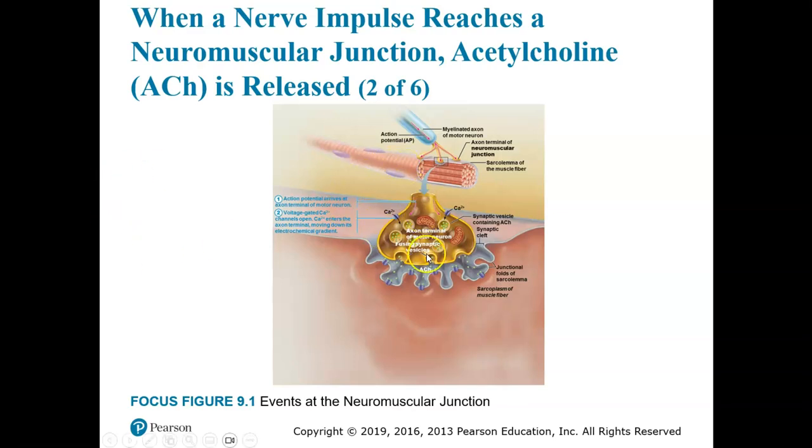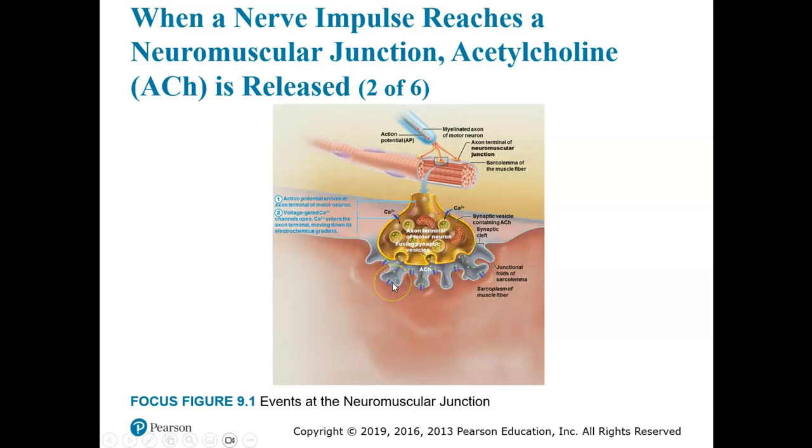It begins in the neuron, and then calcium is going to play another role in the muscle fiber. Because the action potential has arrived at the axon terminal, calcium is now going to move into the axon terminal and trigger those synaptic vesicles to release acetylcholine into the synaptic cleft.